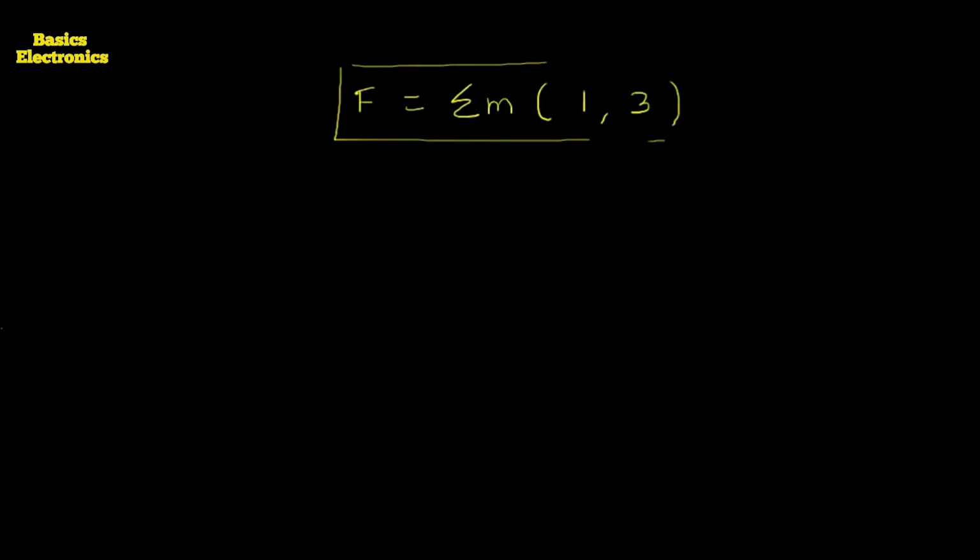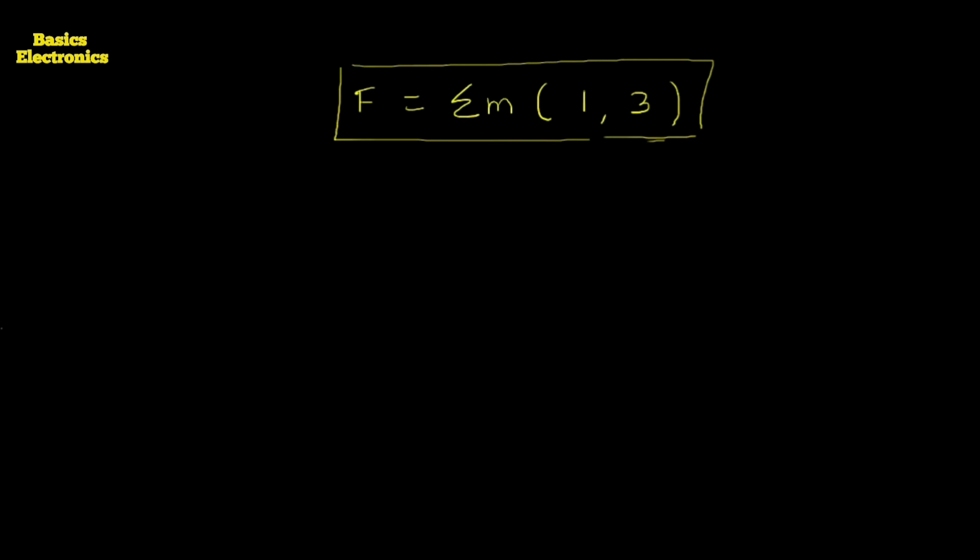For that, here we consider one example, then we will see the procedure to implement the logical equation. First, the function f equals summation of min terms 1 comma 3. Now by using this we can consider what type of demultiplexer we require for the implementation.